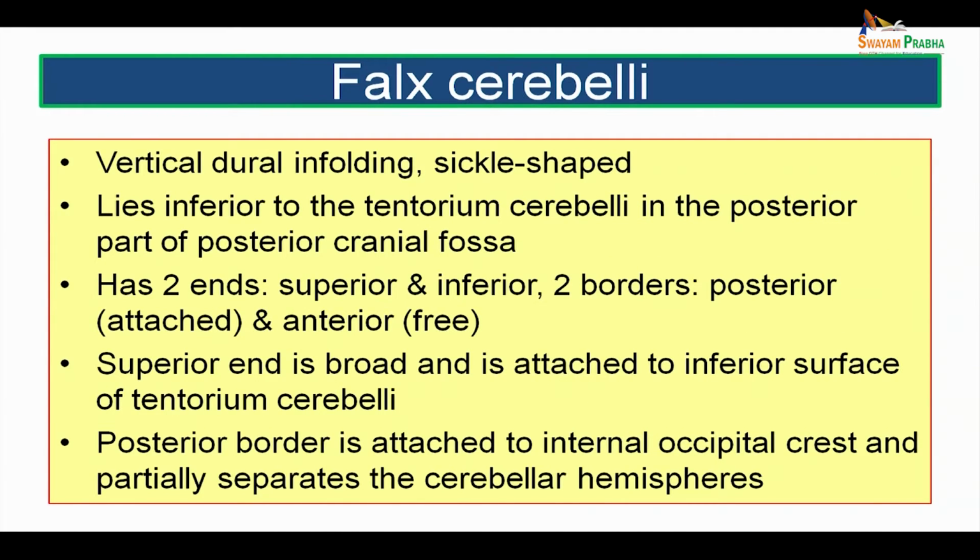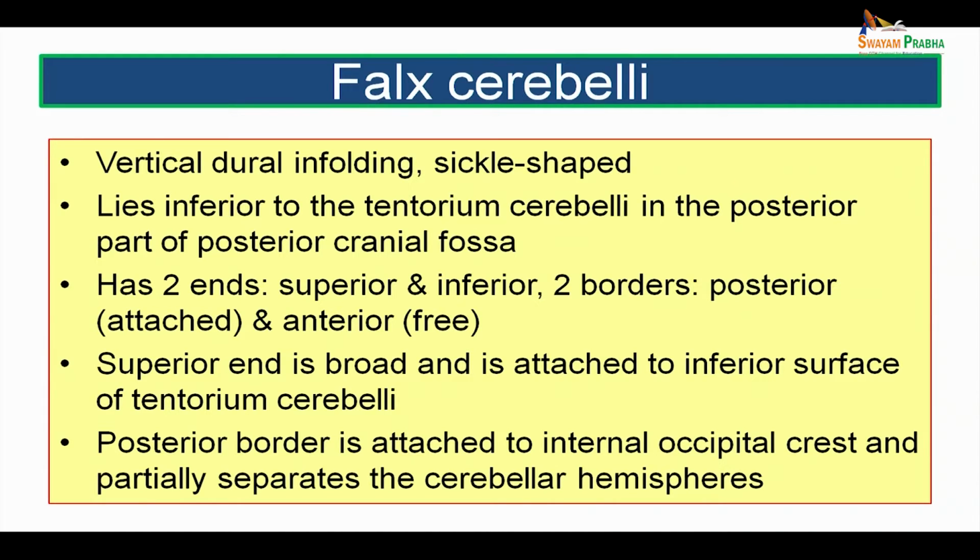We now go on to the falx cerebelli. This again is a sickle shaped vertical dural infold seen in the infratentorial compartment. It partially separates the two cerebellar hemispheres. It lies inferior to the Tentorium cerebelli in the posterior part of the posterior cranial fossa.